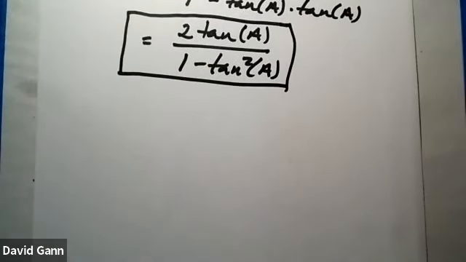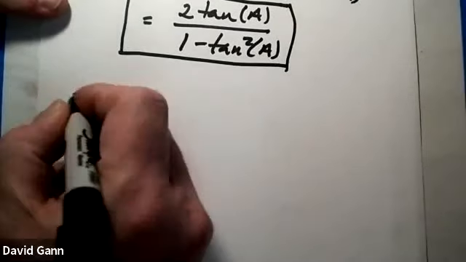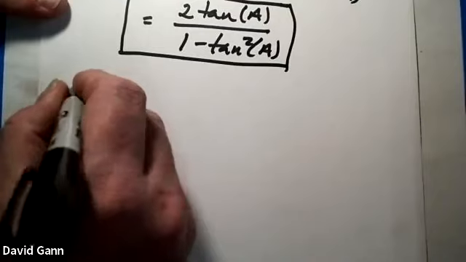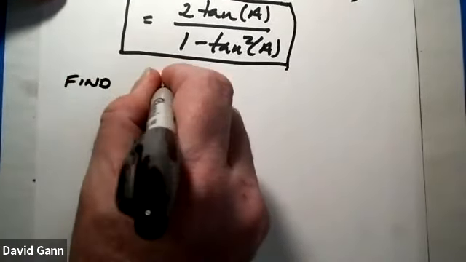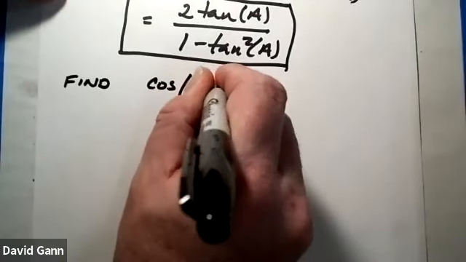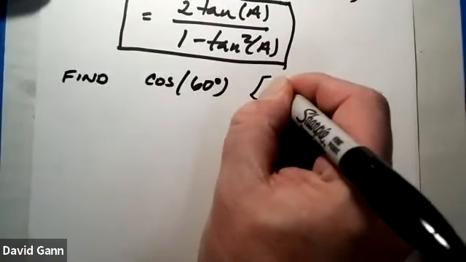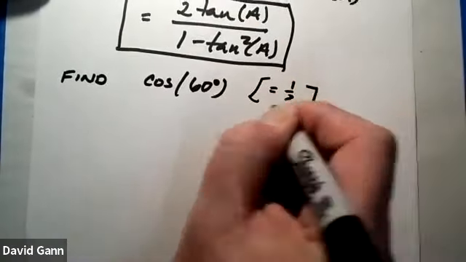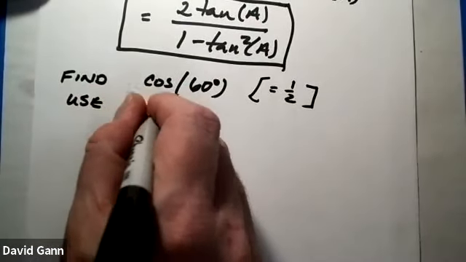This is a direct application of the cosine of a double angle. So let's start with: find cosine of 60 degrees. Duh. We know what cosine of 60 degrees is. It equals 1/2. But I'm going to use a double angle formula.